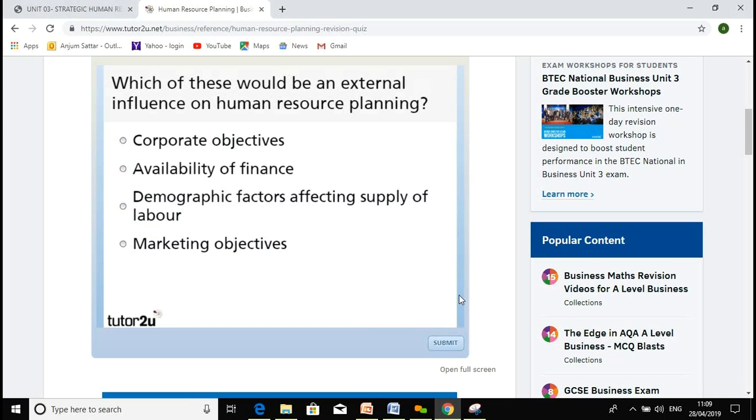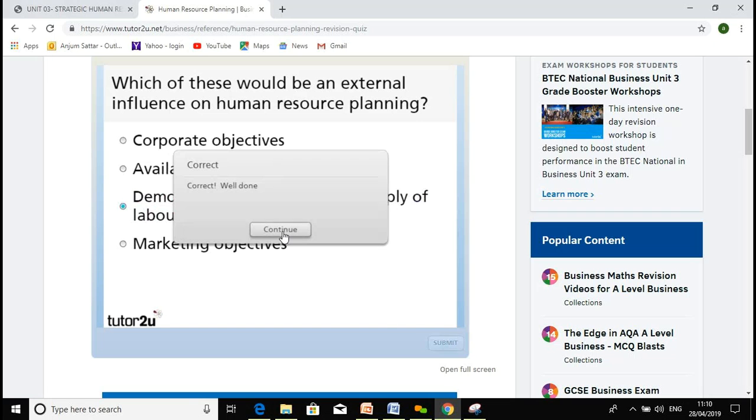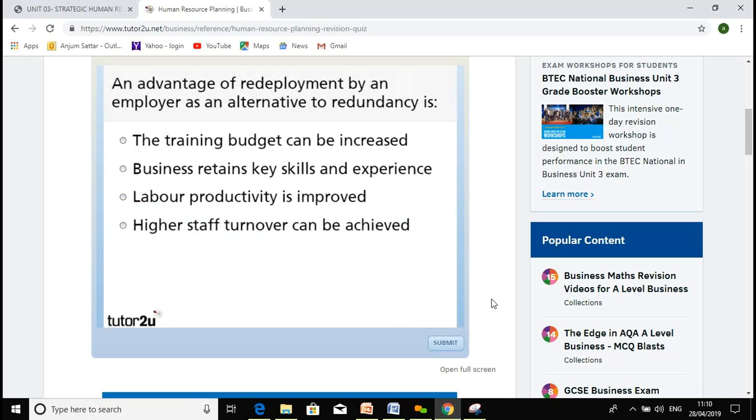Great. Which of these would be an external influence on human resource planning? It will be the demographics affecting the supply of labor. Well done. Correct. An advantage of redeployment to an employer as an alternative to redundancy: the business retains key skills and experience. Well done.